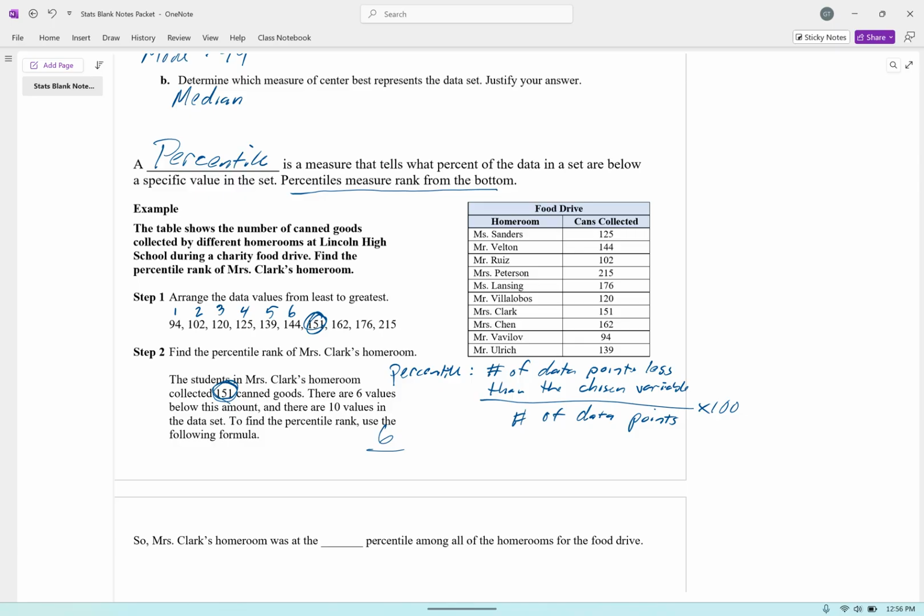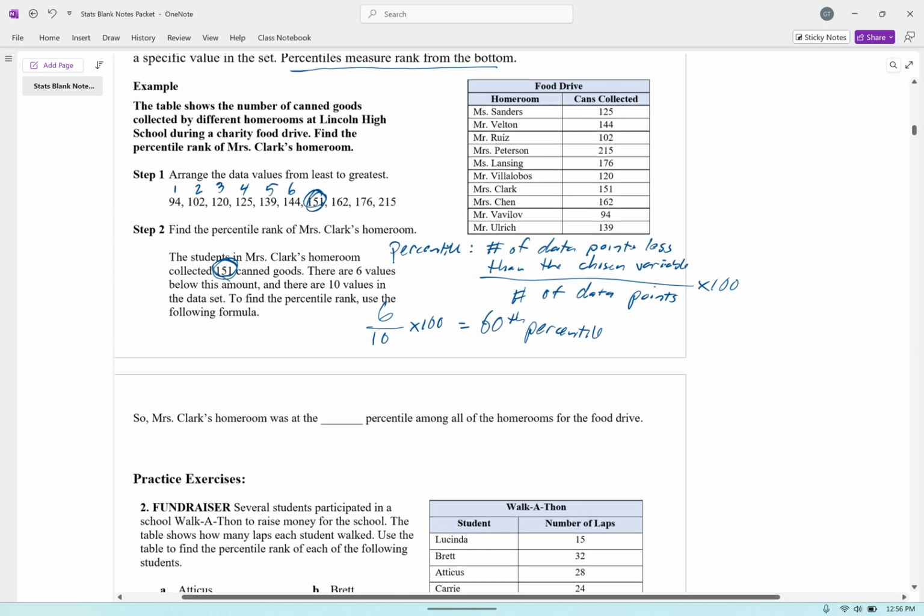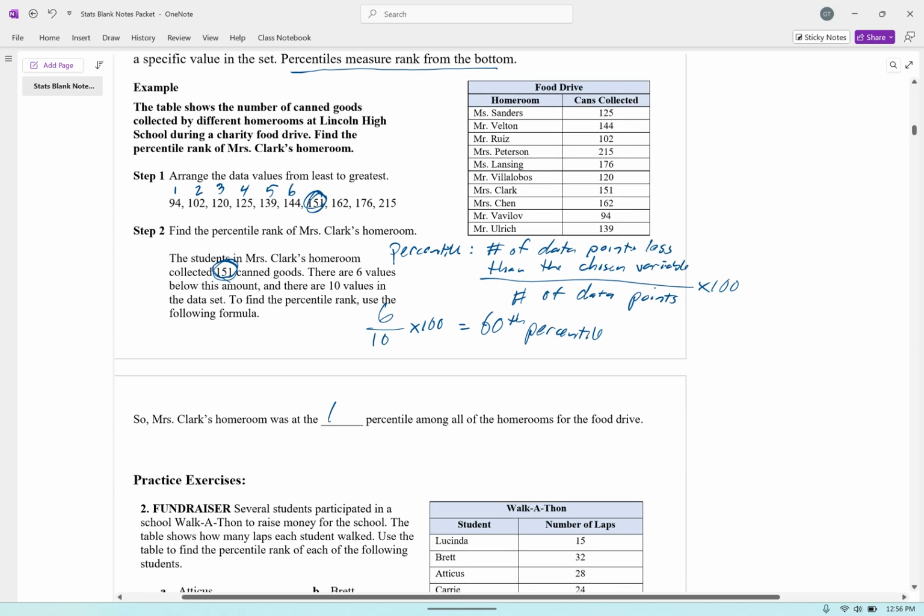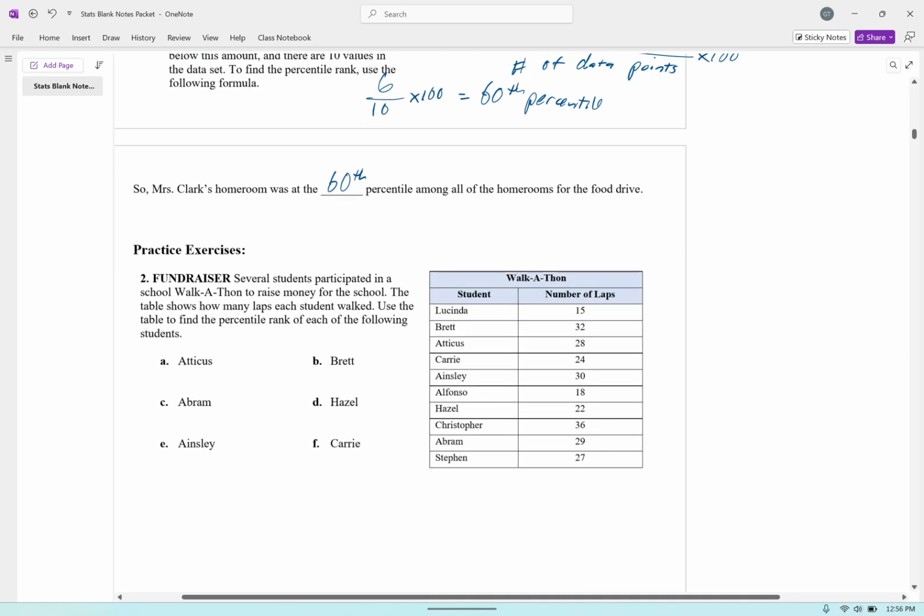Okay, so that's 6. So we got 7, 8, 9, 10 divided by 10 times 100 gives me the 60th percentile. Okay, and so Miss Clark's homeroom was at the 60th percentile. All right, so that's how we calculate percentile.